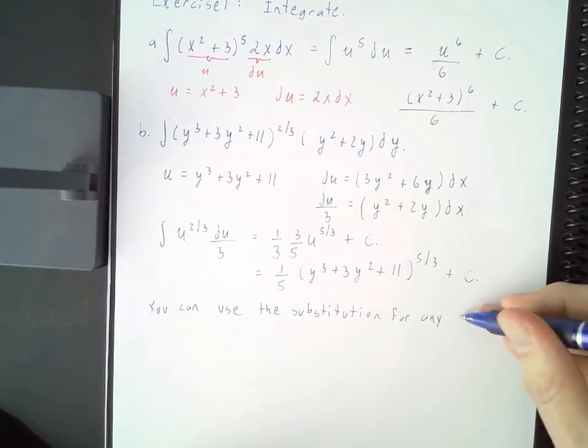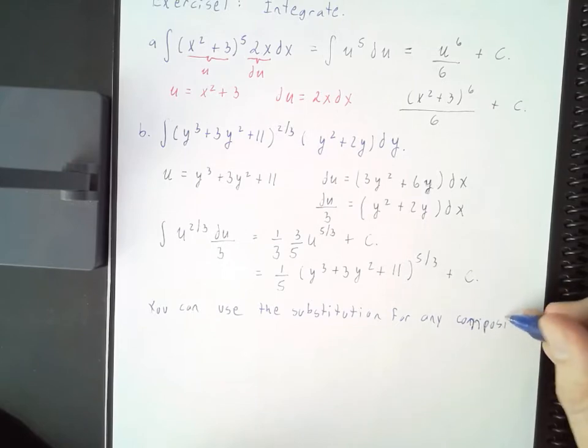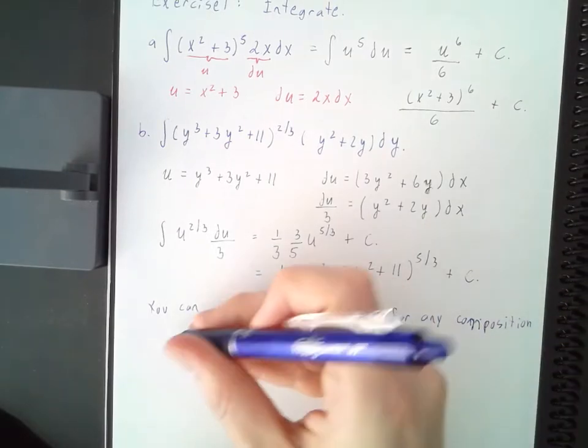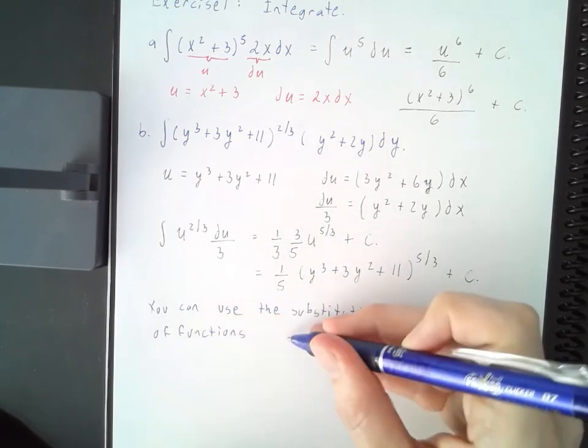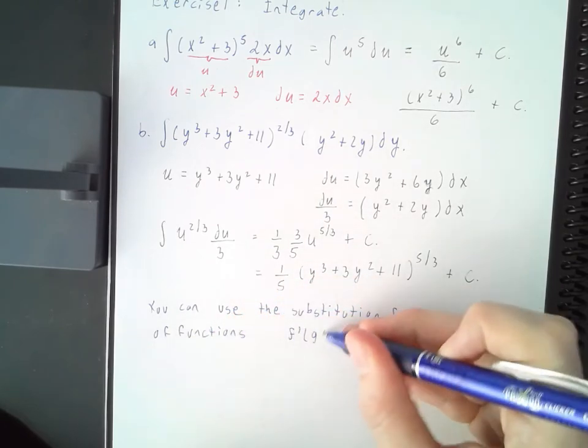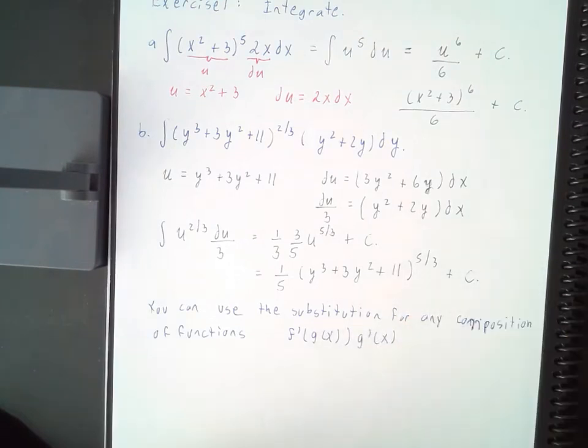It is not only limited to power functions, you can also integrate functions that look like this. But the key is to find the right variable of substitution, and the derivative of this new variable of substitution has to be elsewhere in the integral.